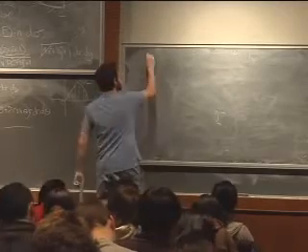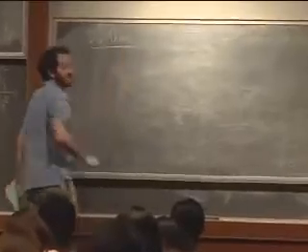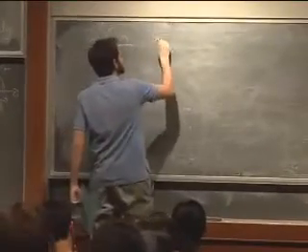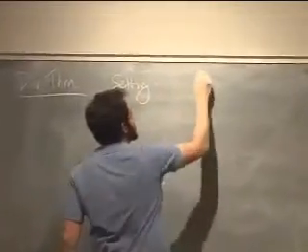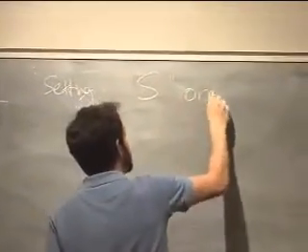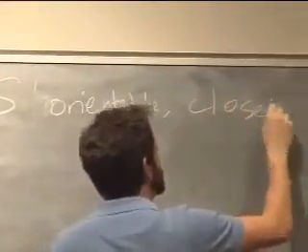So here it is. Divergence theorem. The setting is as follows. Now you have a surface S, which is not only orientable, but it's closed. No boundary.